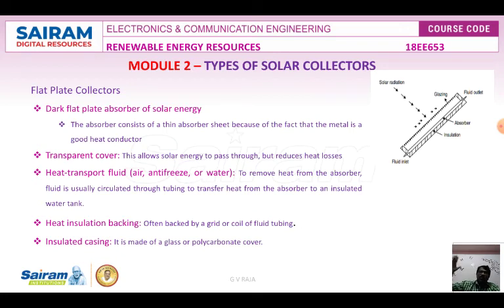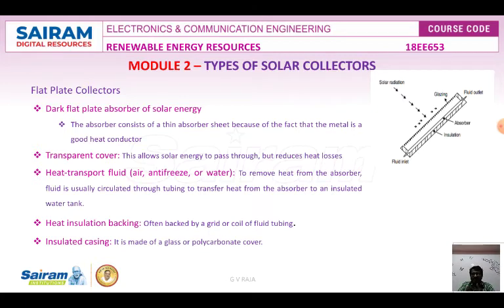Whenever the solar radiation passes through this transparent cover and impinges on the blackened absorber surface of high absorptivity, a large portion of this energy is absorbed by the plate, and then transferred to the fluid in the tubes, which is carried away for storage or for particular applications.